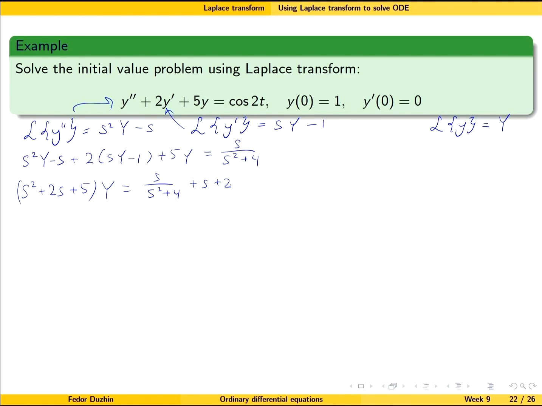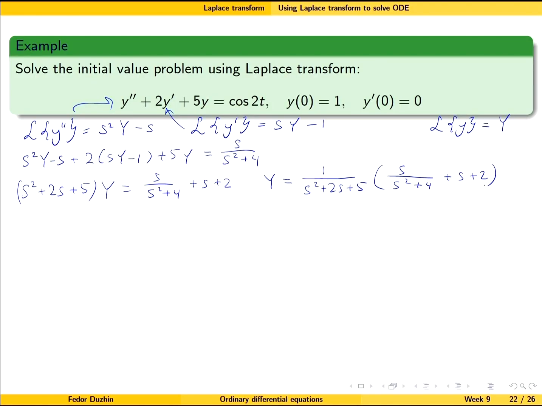Which means that Y, the Laplace transform of the unknown function, is 1 over s squared plus 2s plus 5 times (s over s squared plus 4 plus s plus 2).